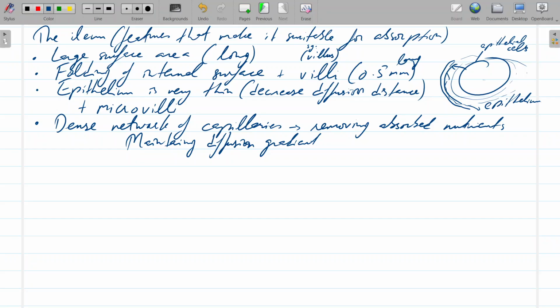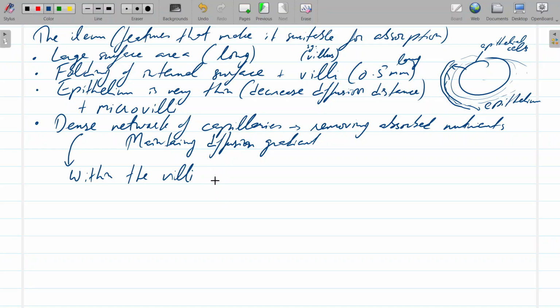Now the glucose and amino acids, when they enter the bloodstream, they enter the capillaries in the small intestine. This dense network of capillaries is found within the villi, the region next to the epithelial cells, and I'll show you an illustration in the book which will make it clearer.